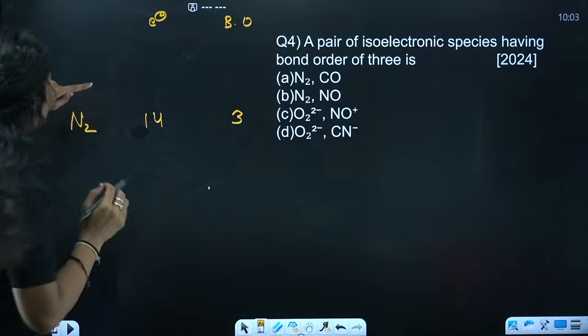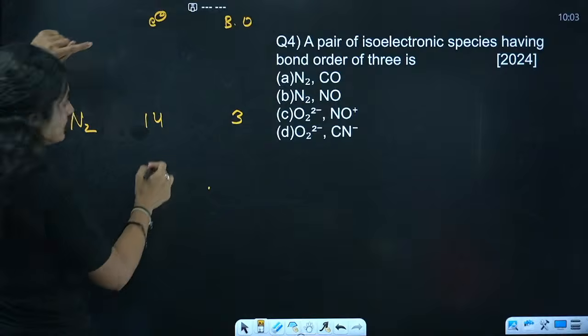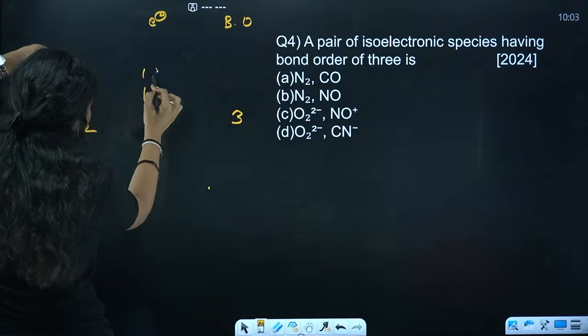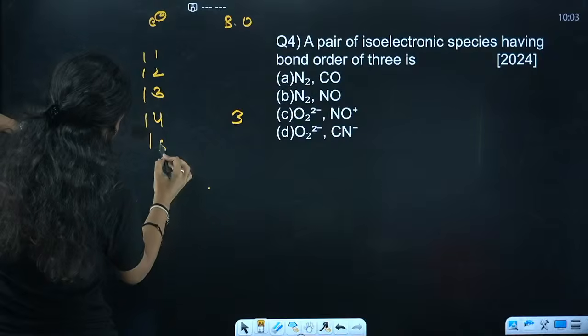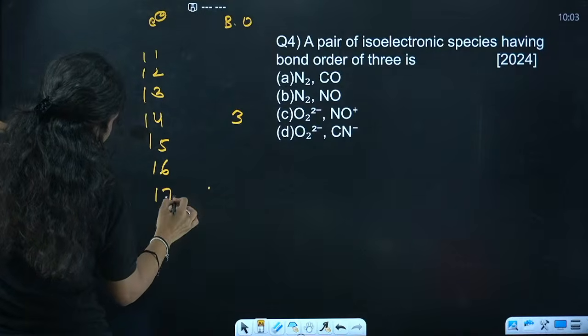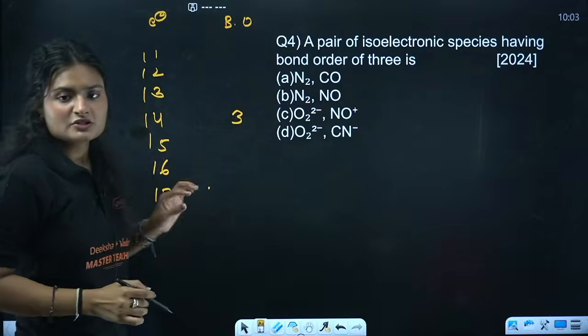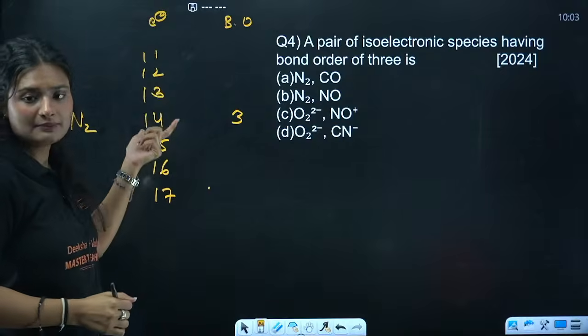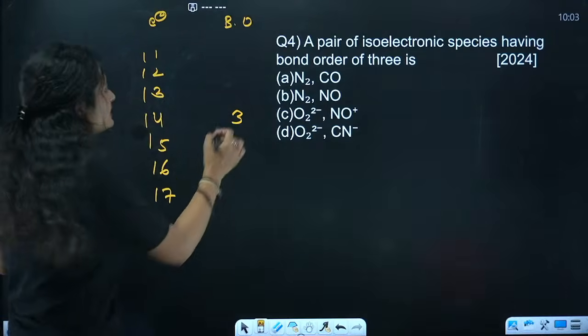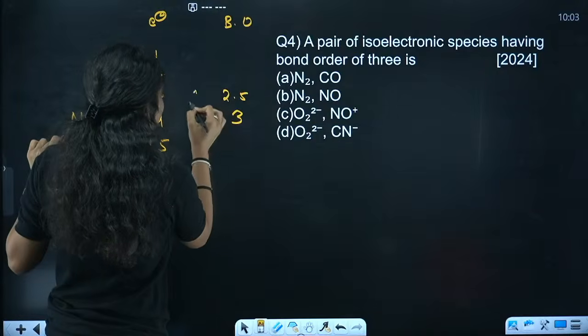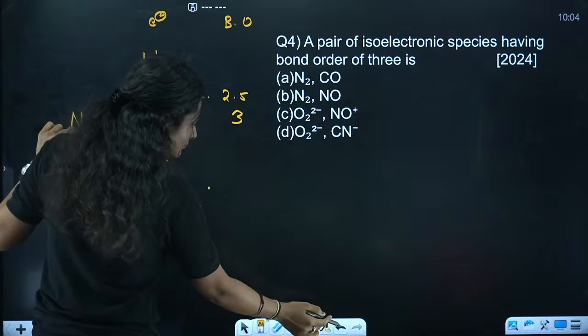Now if you go above 14, or below 14, that means 13, 12, 11, or 15, 16, 17 electrons, either way you go, the bond order decreases by 0.5.